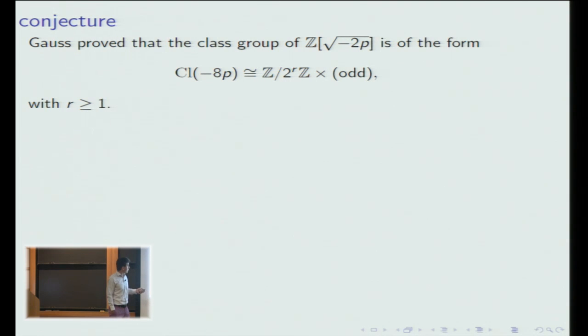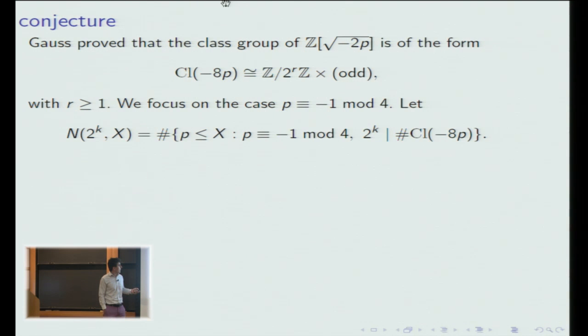So in this particular case, the invariant is the 2 part of the class group. And so we're interested, within this family of fields, as you vary P over the odd primes, in how this exponent R behaves. Okay, so we'll focus on the case that P is minus 1 mod 4, because the case that P is 1 mod 4 behaves differently.